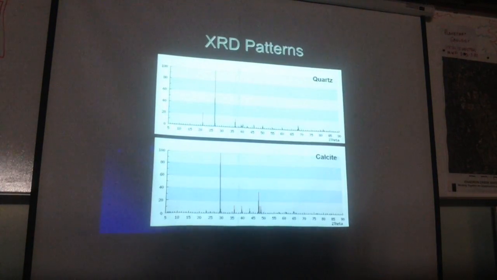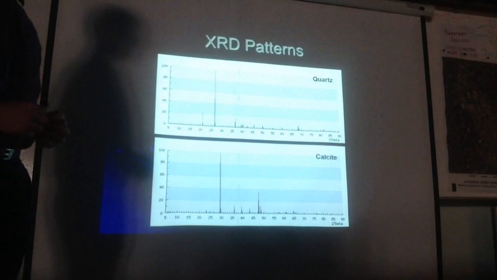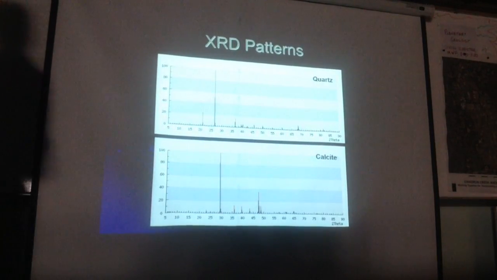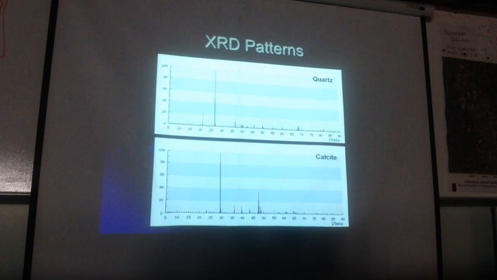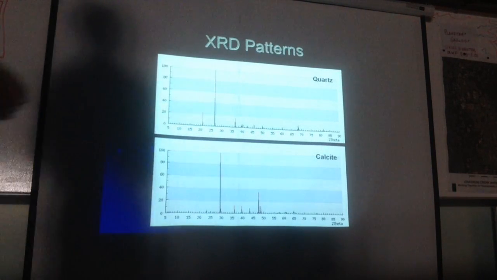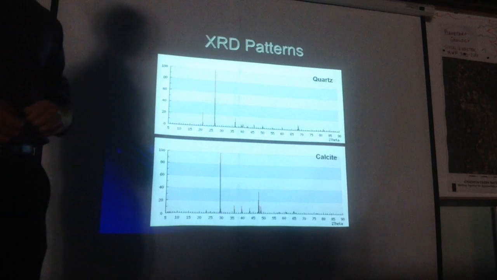In most cases, most samples that you run through are going to have quartz in there. So if you're pretty sure that your sample has quartz, it's a good idea to filter out the signal for your quartz, because quartz can mask the signatures of the other minerals that you're looking for in your sample.